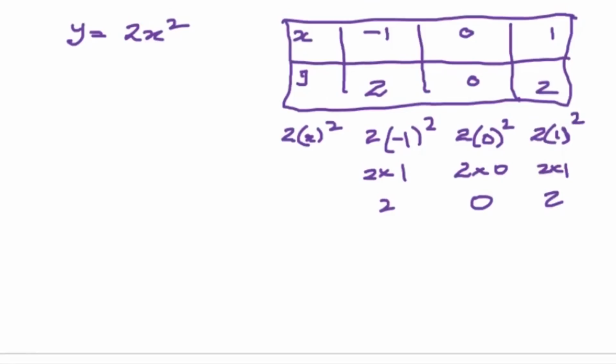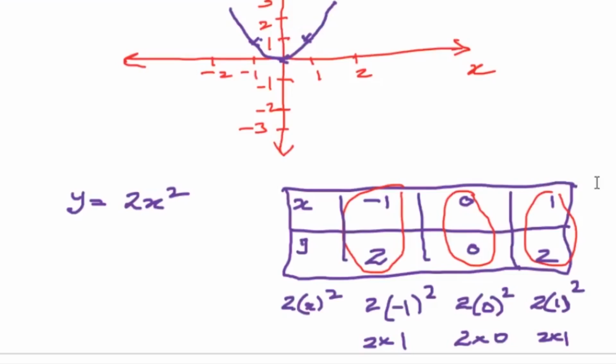Coordinates we have to plot are minus 1 and 2, 0 and 0, and 1 and 2. Let's go back to the same parabola, same function that we used.